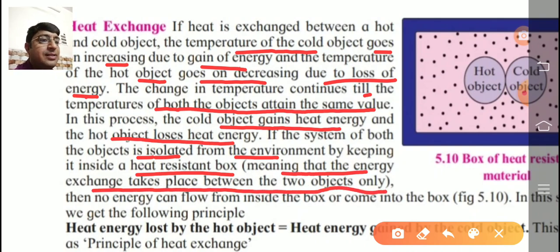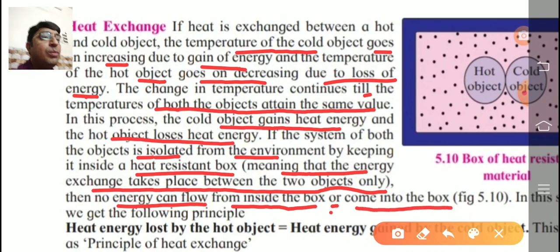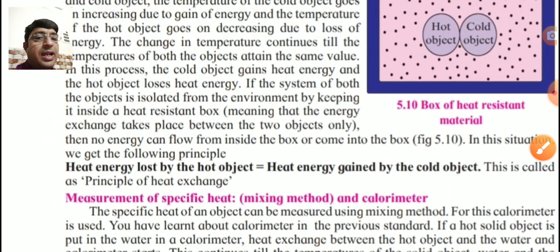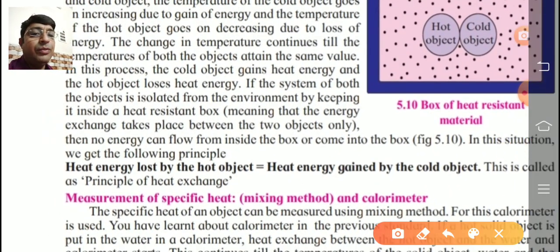That's why a heat resistant box is used for this purpose. Then no energy can flow out from inside the box or come into the box. So energy exchange happens between those two objects only. That principle is called the principle of heat exchange.